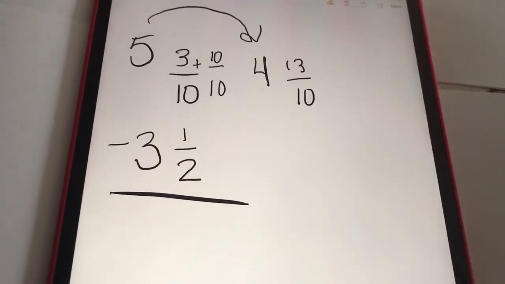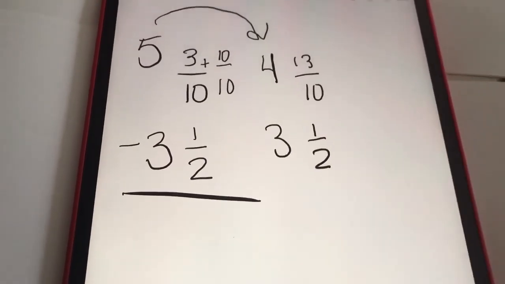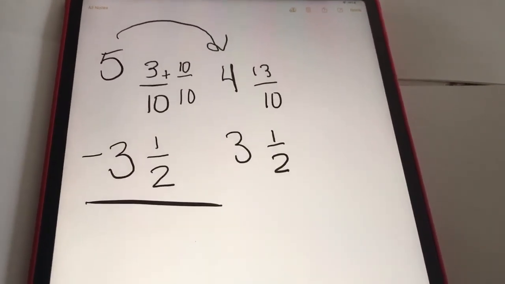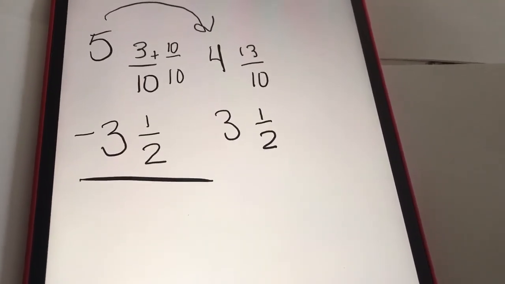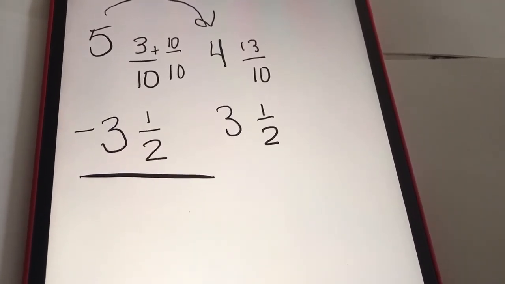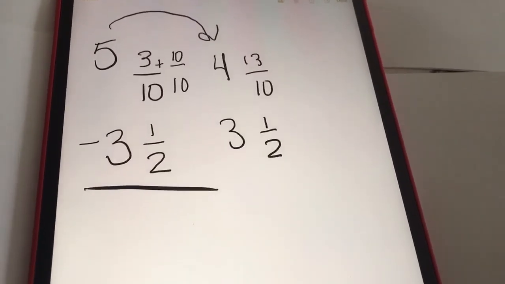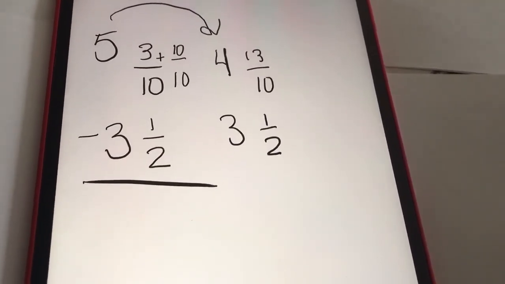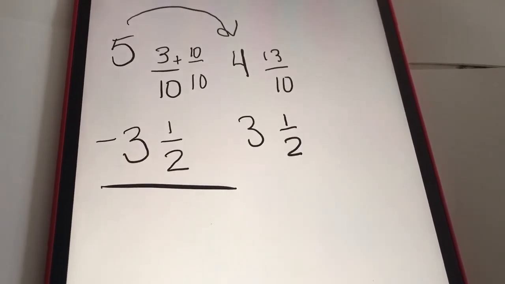Okay, so now I'm going to bring my 3 1/2 down. Okay, so again, yesterday we had a problem where we had denominators of 2 and 10. And a lot of you said, well, a common denominator is 20. Yes, you're right, a common denominator is 20, but that is not the least common denominator.